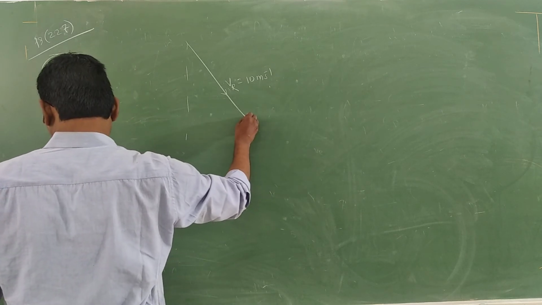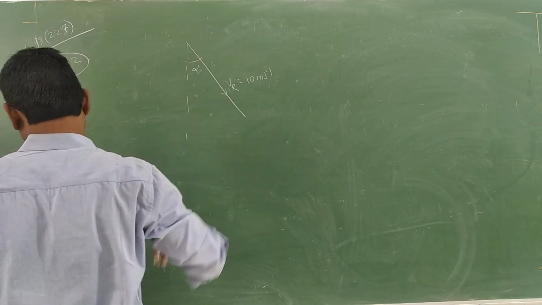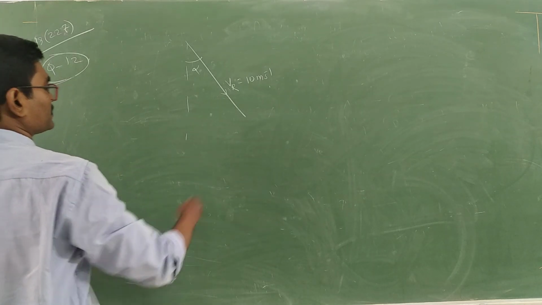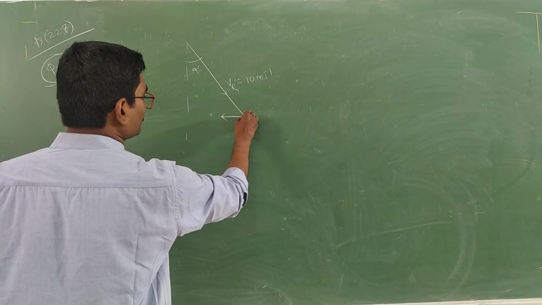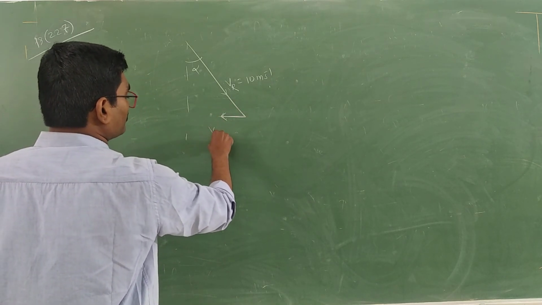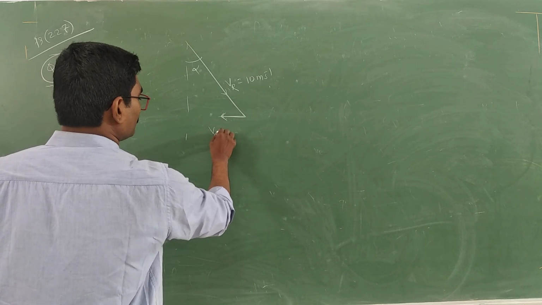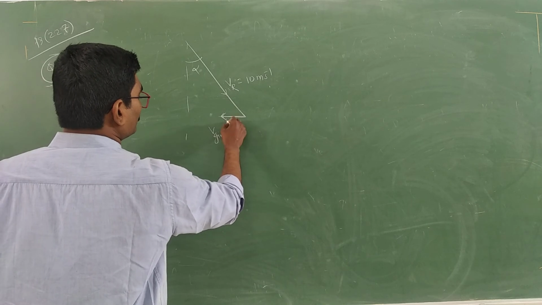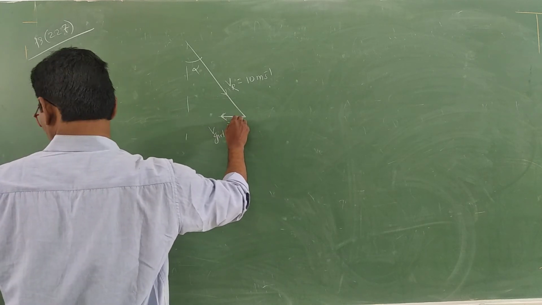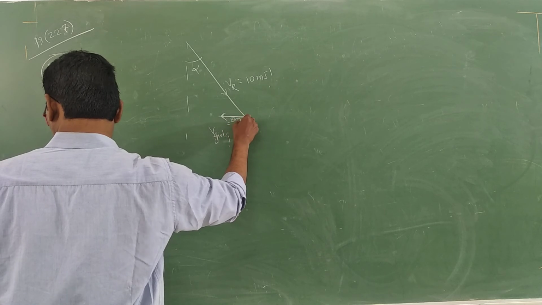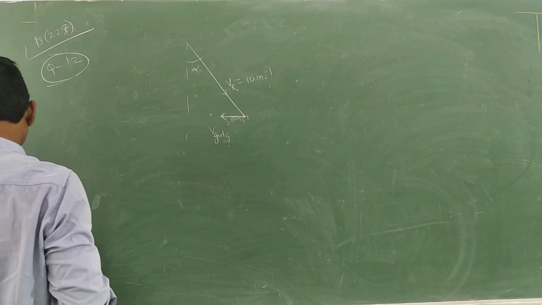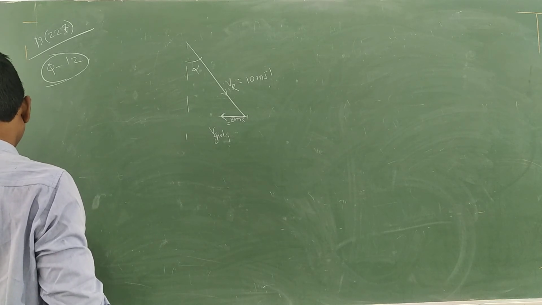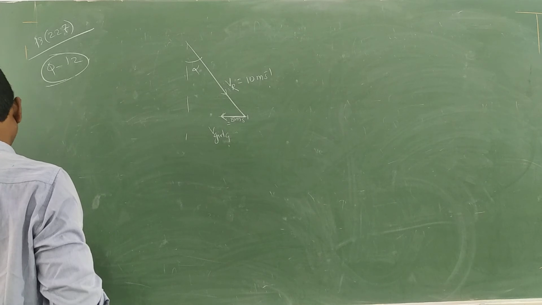A girl runs against the rain with a speed of 8 meters per second, so she is running in the opposite direction like in the previous problem. The velocity of the girl with respect to the ground is 8 meters per second. She sees the rain makes an angle beta with the vertical. Then what is the relation between alpha and beta?